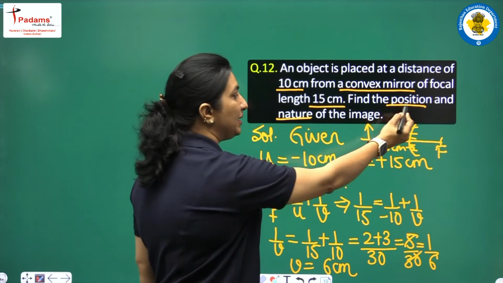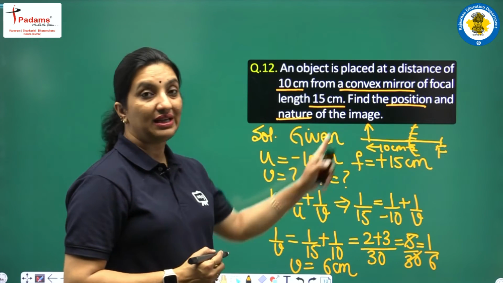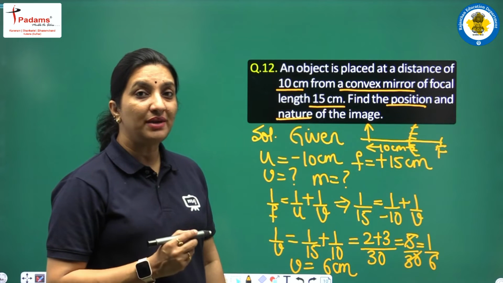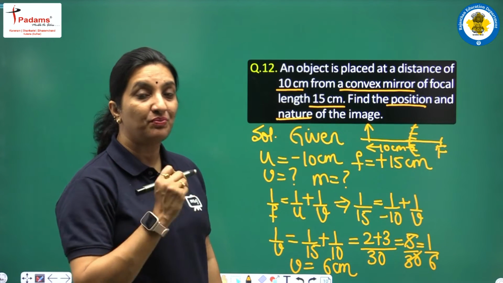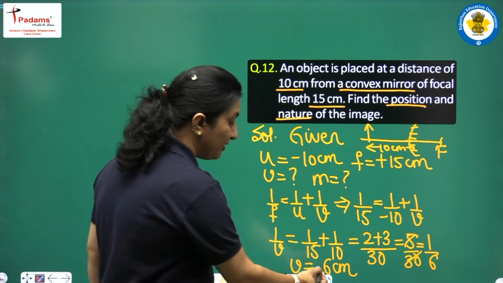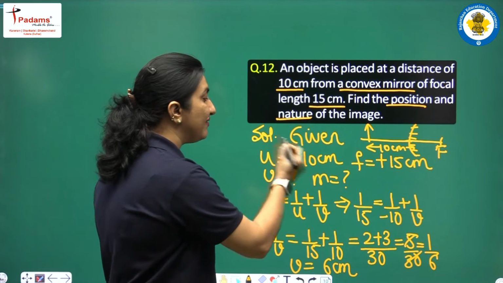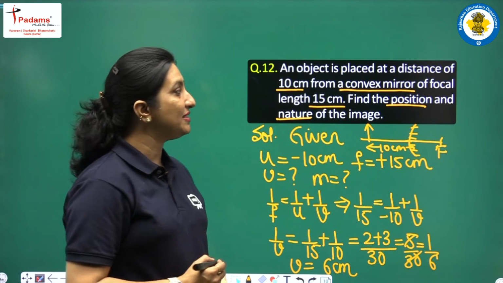So we have calculated the position, and now we need to calculate the nature of the image, and for the nature of the image we need to calculate M, which is given by minus V upon U. Now V we have calculated as 6 centimeters and U is given as minus 10 centimeters.